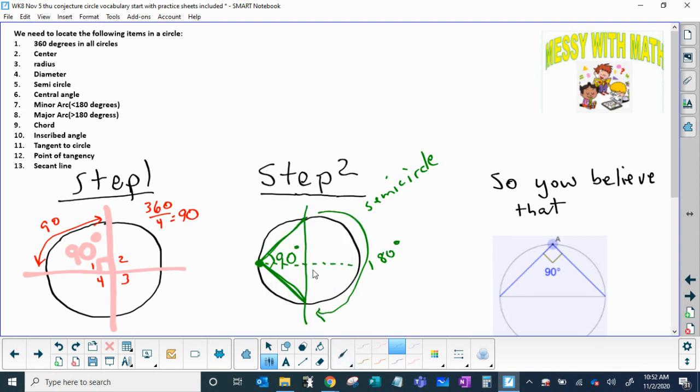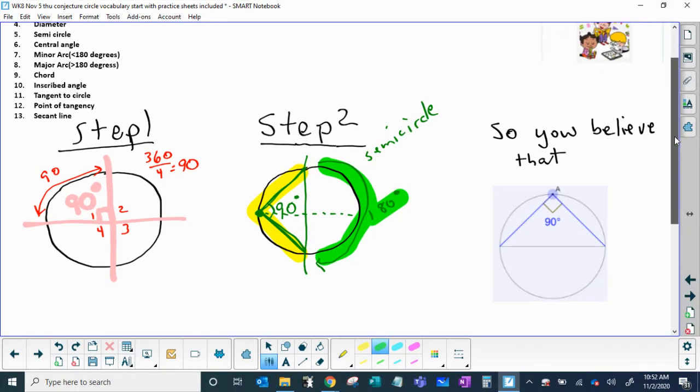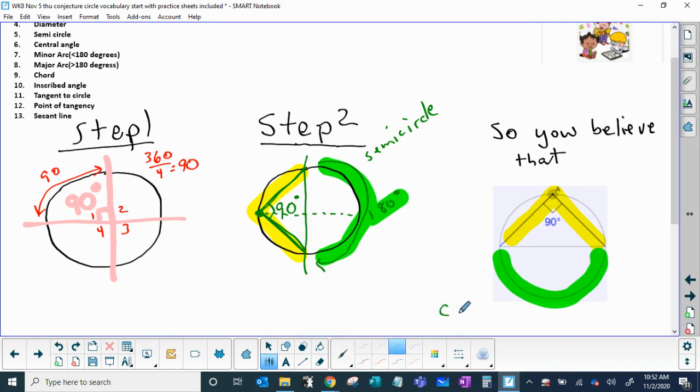But if that's 90, and that's 180, can we say that this is an inscribed angle?